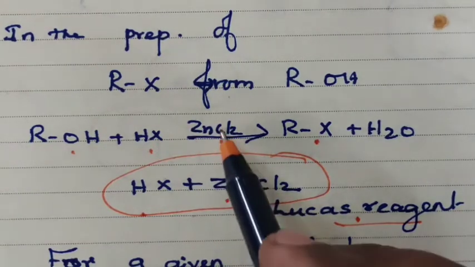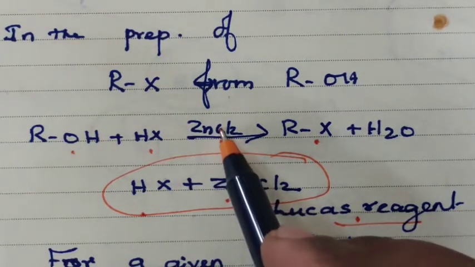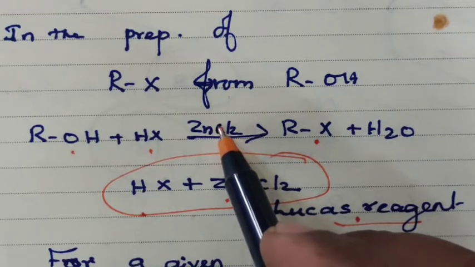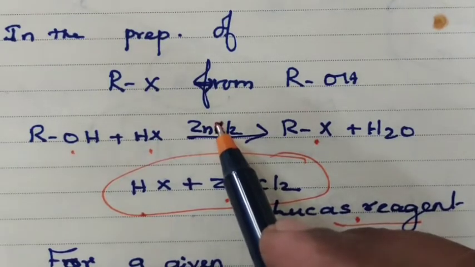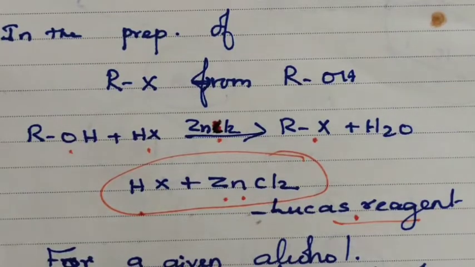Actually this test is used for distinguishing primary, secondary and tertiary alcohol. It is a test for alcohol, meaning it is used for distinguishing primary, secondary and tertiary alcohol.